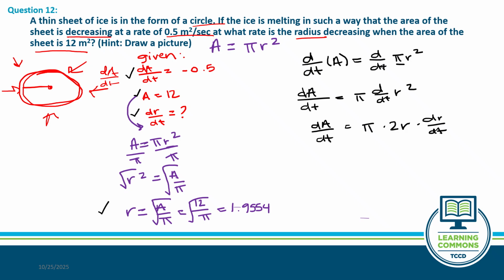If I want to, I can plug the numbers in right now, which is going to be negative 0.5 equals pi times 2 times 1.9554 times dr dt. And then divide all of that.